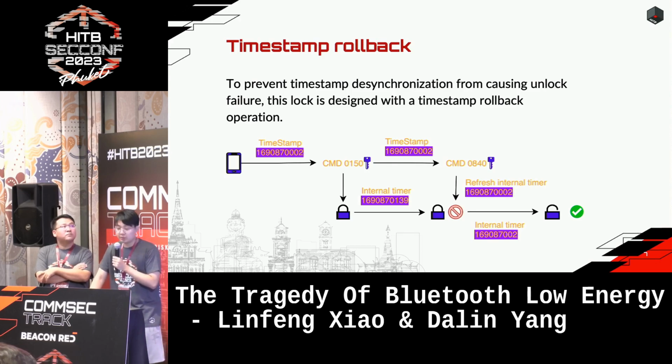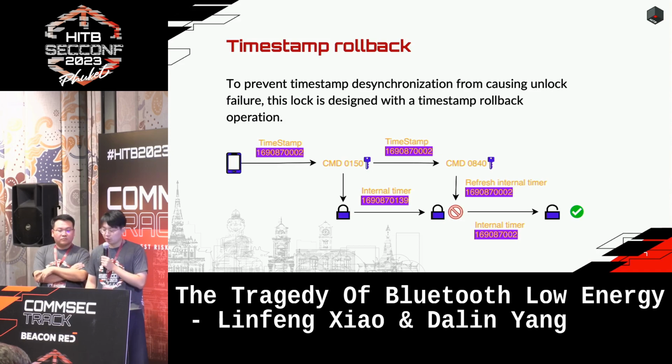Analyzing to this point, the first thing I thought of was not a security issue, but a usability issue. What if my phone's time is not synchronized with the door lock's time? So I tried to change my phone's time, but the phone still successfully unlocked, just with a slight delay.